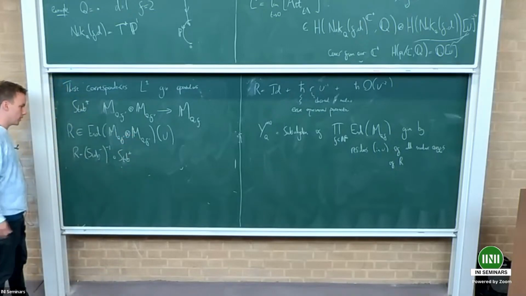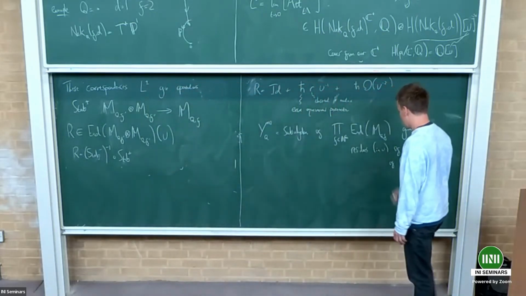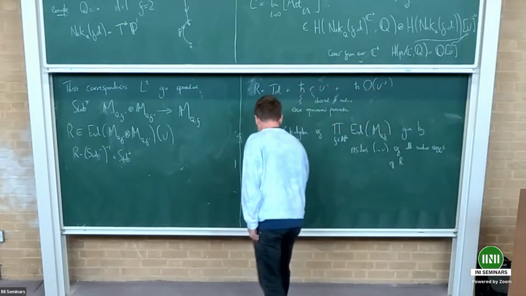And if I look at all of the entries of all of those matrices, I get some huge subalgebra of the endomorphism algebra of each one of these, and I take the algebra generated by all of that.